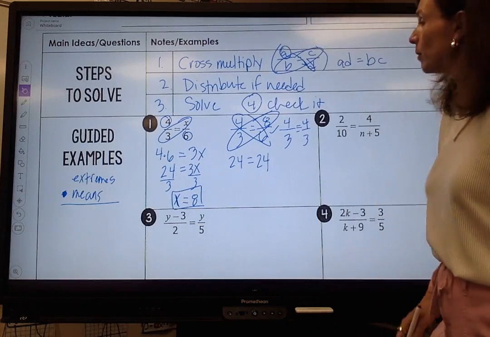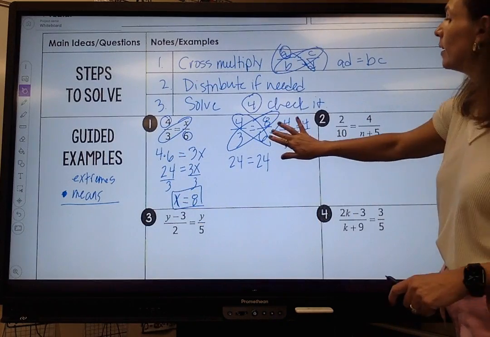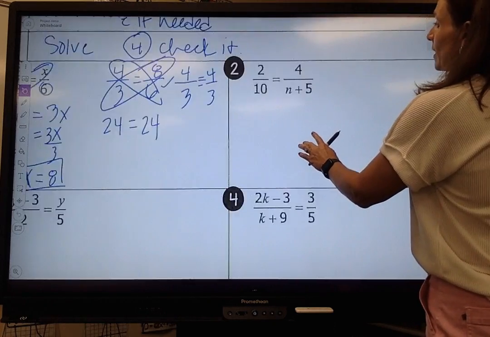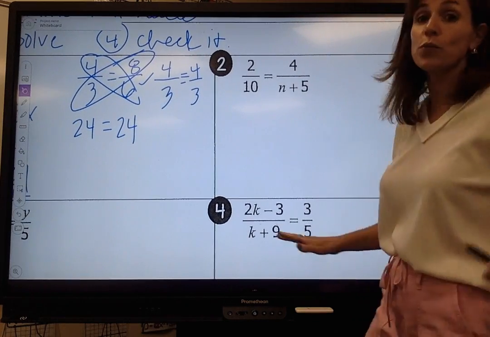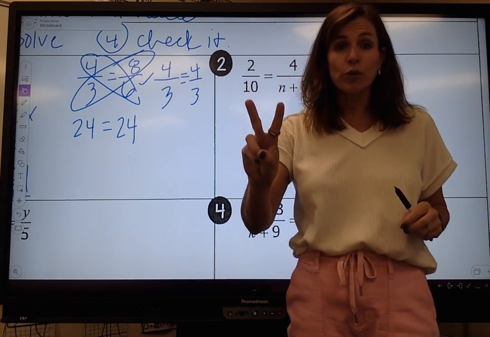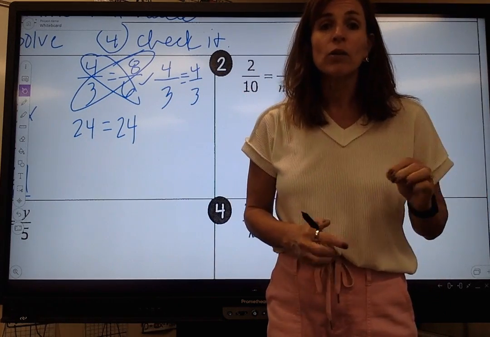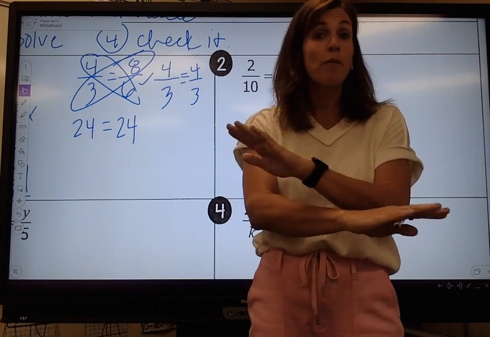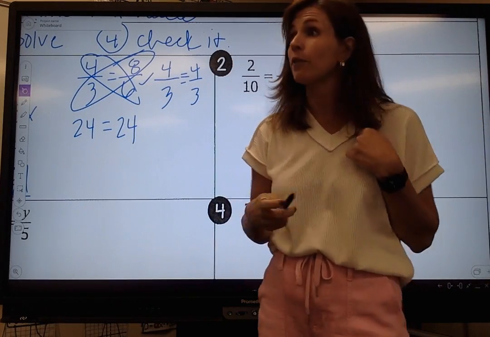Let's do another example. Your first step when you have a proportion is, if you have a binomial, which we've talked about endlessly in class, a binomial is 2 terms, you must put parentheses around it before you do anything. That's what I'm going to be looking for.